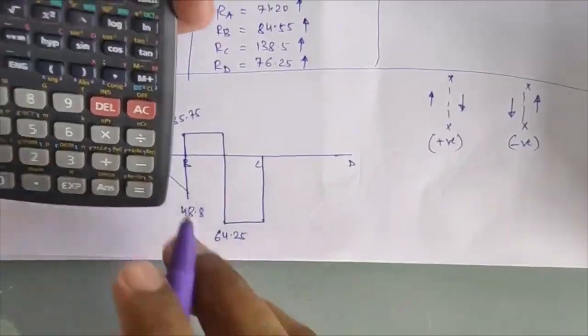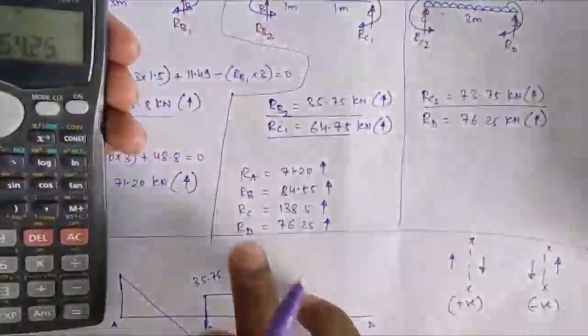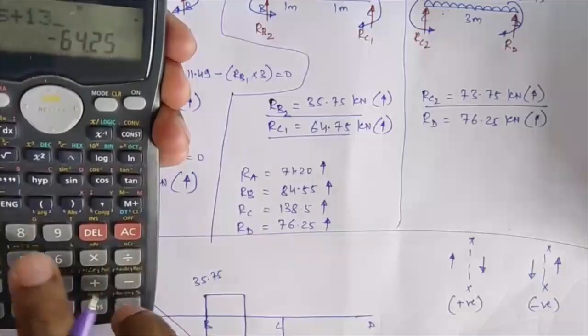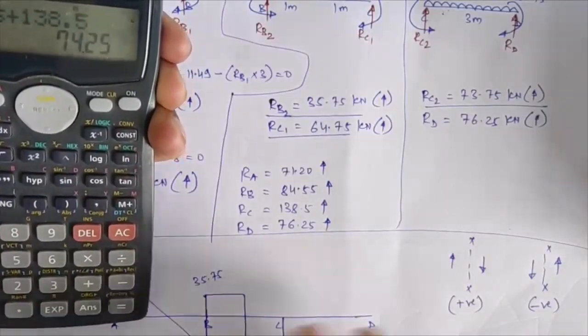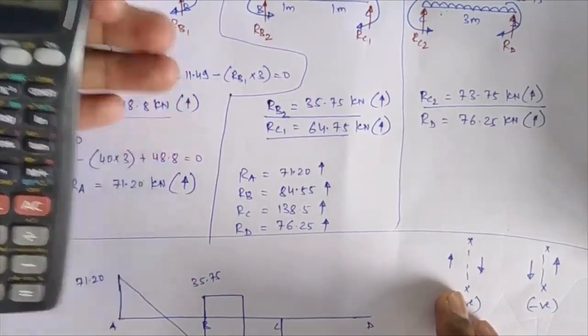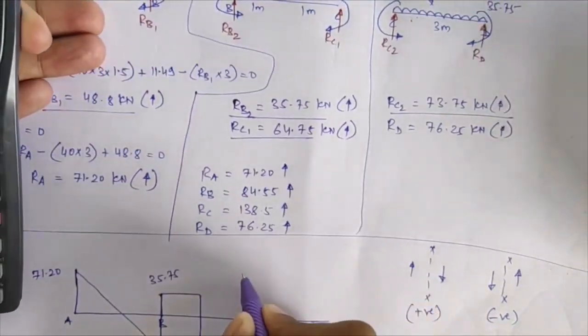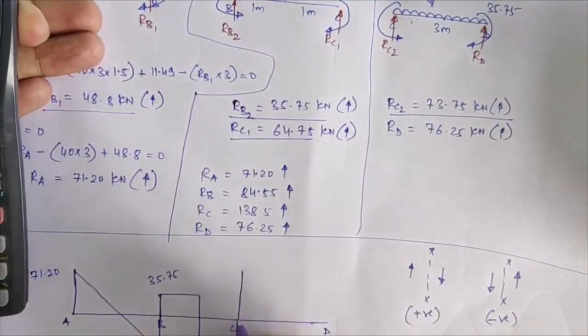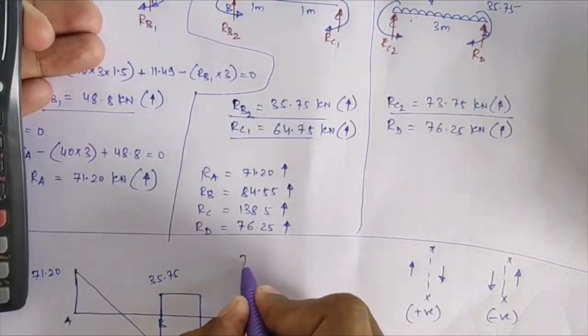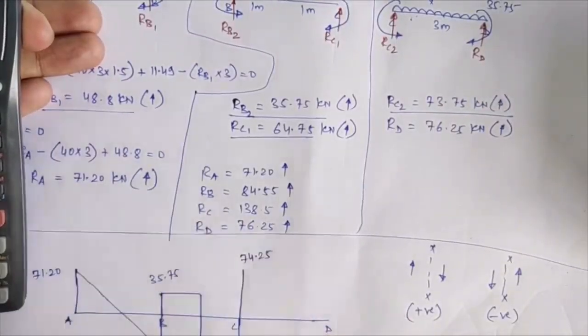This minus 64.25 plus your RC reaction, that is 138.5. I get that value equal to 74.25. That will be your shear force to the right hand side of point C.